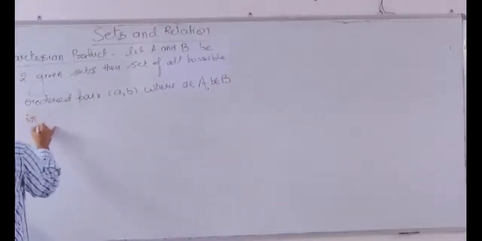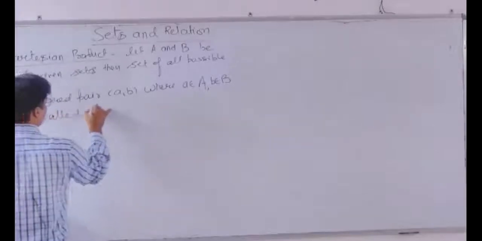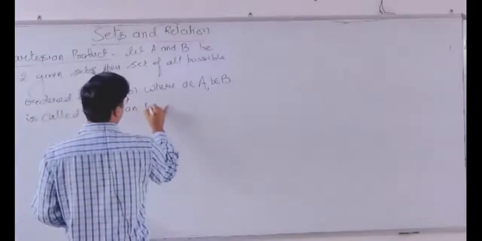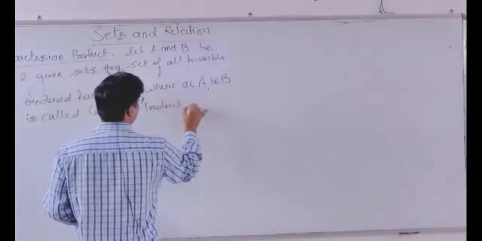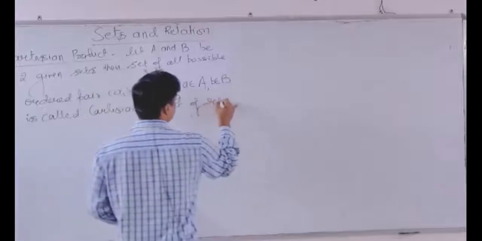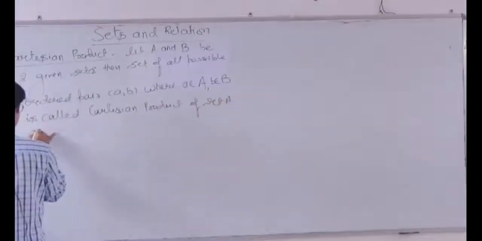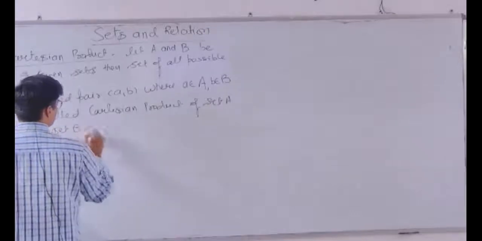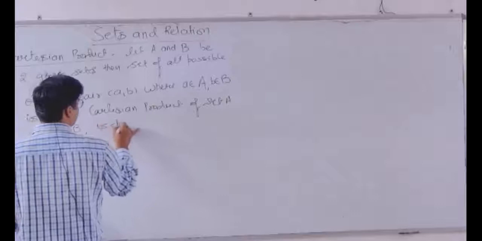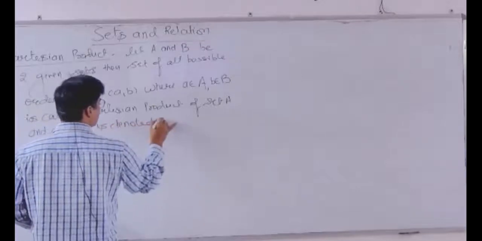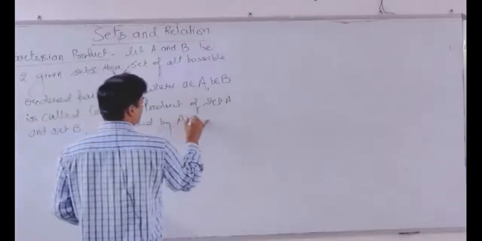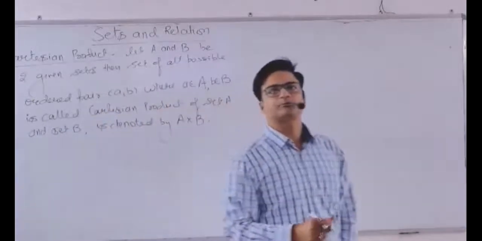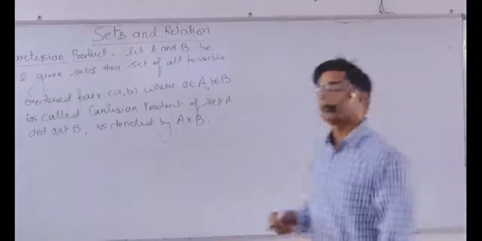This kind of set is called the Cartesian product of set A and set B, and is denoted by A cross B. Okay, understand what we are saying.